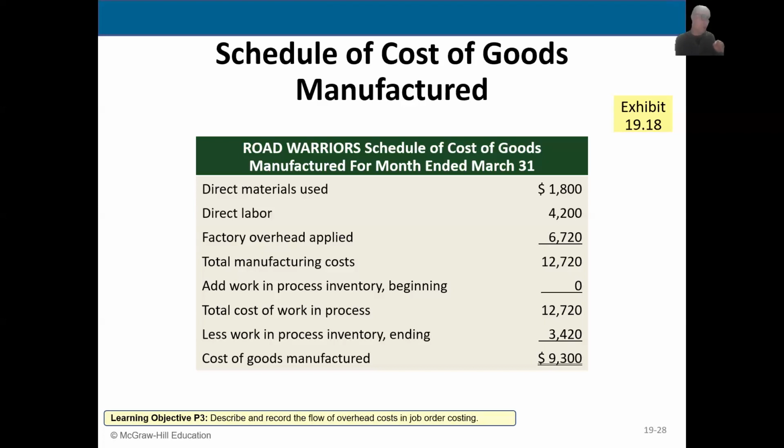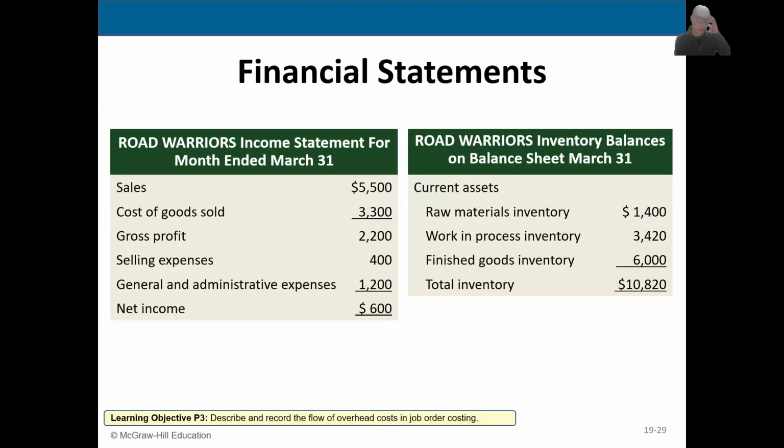Once we know the cost of goods manufactured, we can then adjust for the over application or under application of the actual overhead. We're going to talk about that here in a second.